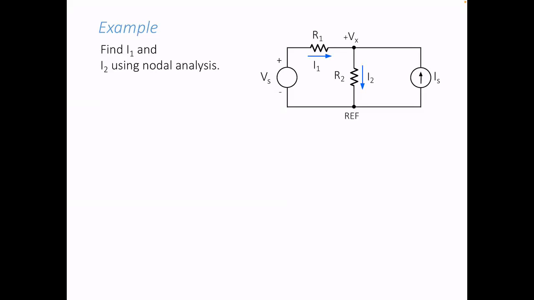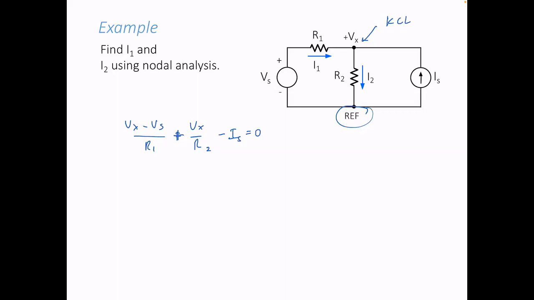Well, you have one node, no? This is your reference. So you apply KCL here. So what is this? This is Vx minus Vs over R1 plus Vx over R2 minus Is is equal to 0.